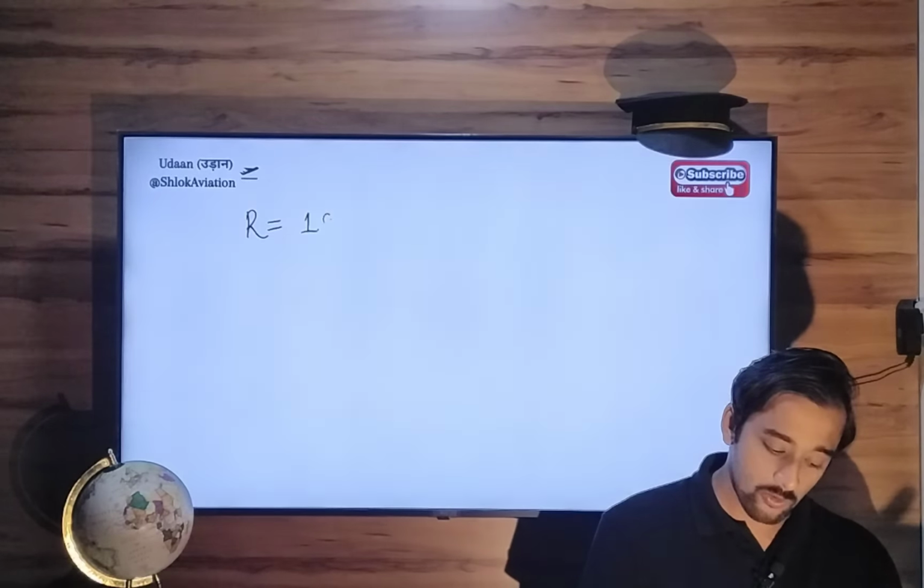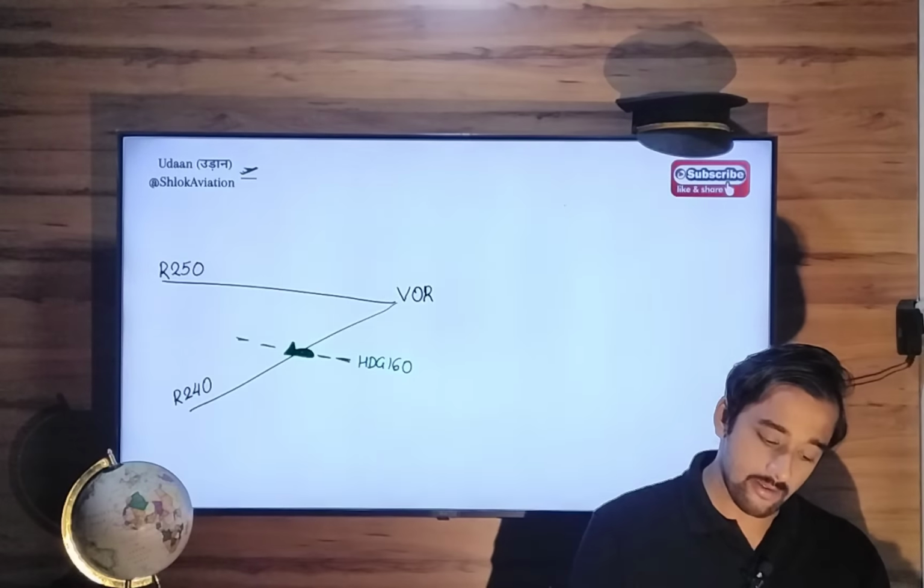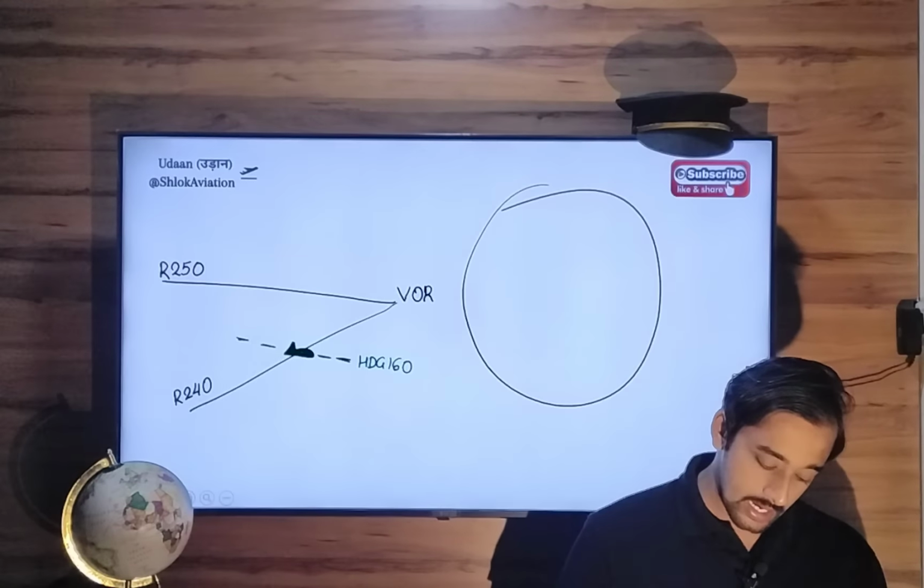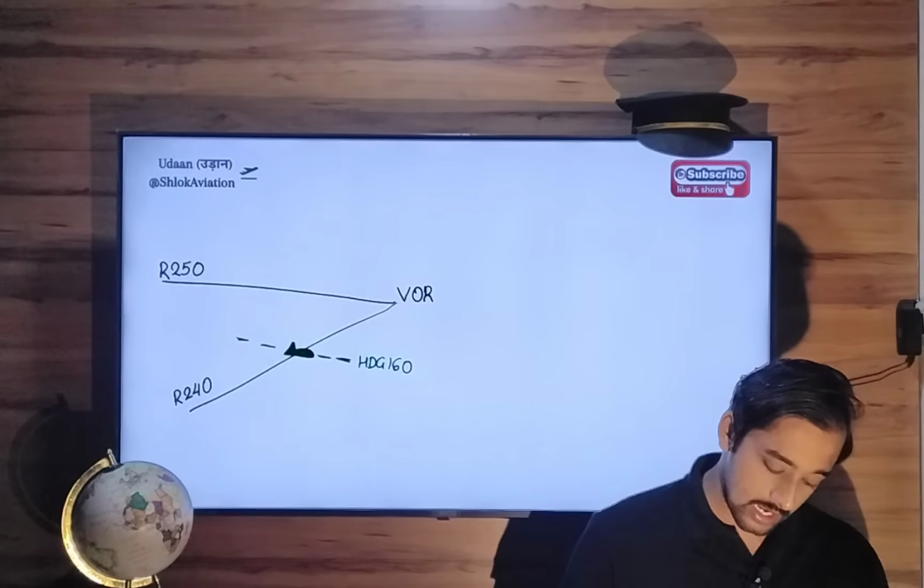Aircraft is on heading of 160. With a heading of 160, aircraft is flying outbound away from the VOR. Okay. Now HSI will have what indications?